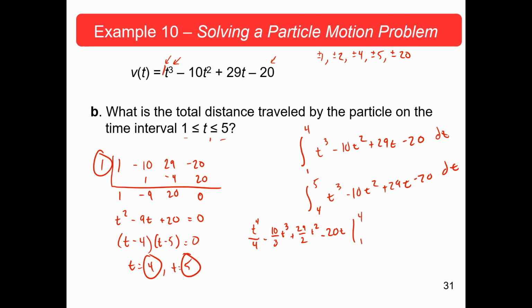So when I evaluate that from 1 to 4, let's go, 4 to the 4th over 4 minus 10/3 times 4 cubed plus 29/2 times 4 squared minus 20 times 4 gives me 8/3.